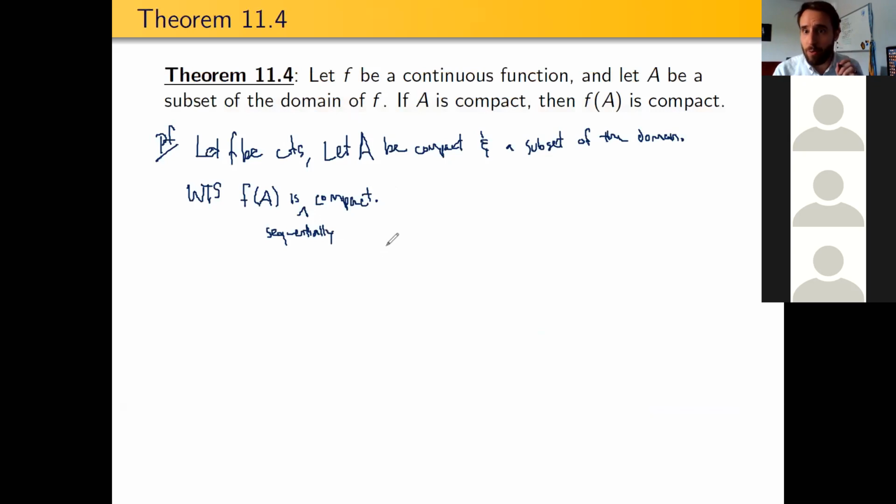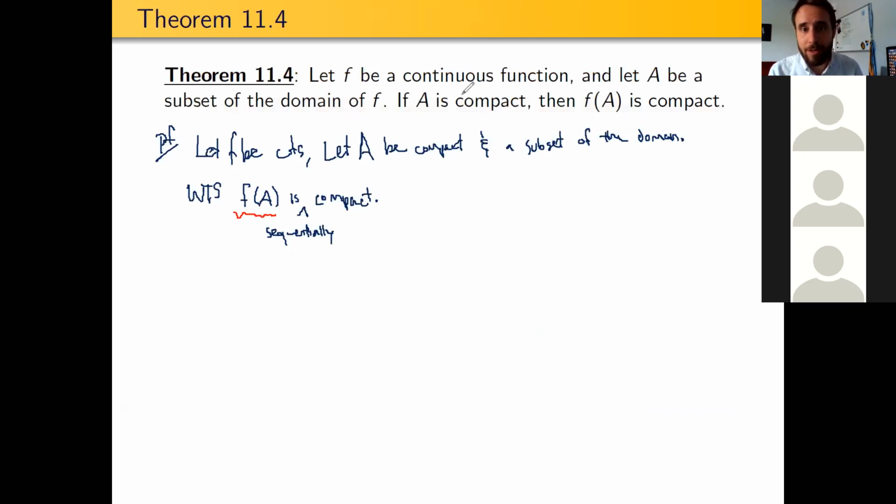To do that, we need to show that it satisfies the definition of sequential compactness. And we'll do that by taking an arbitrary sequence in the set in question. In this case, the set in question is the set f of A. We'll take an arbitrary sequence, and we will show that that sequence has a subsequence that converges to a point in the set. All right, that's going to be our strategy here.